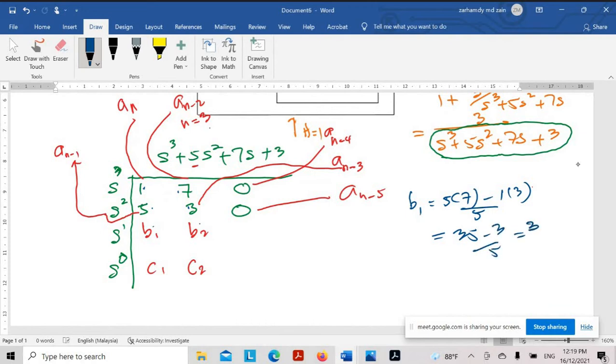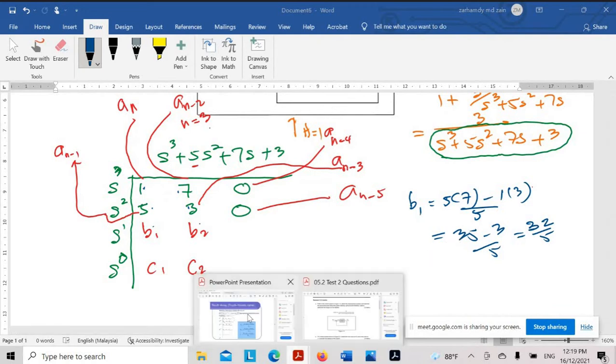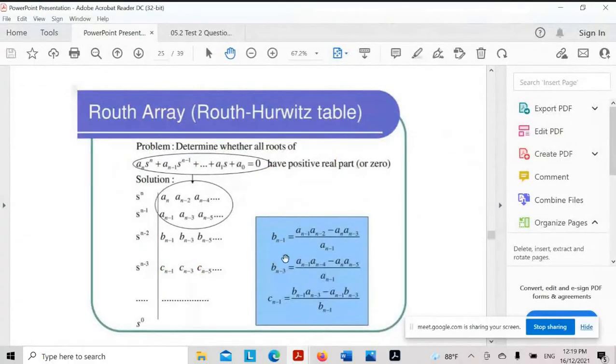So 32 over 5. So this is the value of B1. Where does the formula come from? It is the same as in the slide I shared with you last lecture.